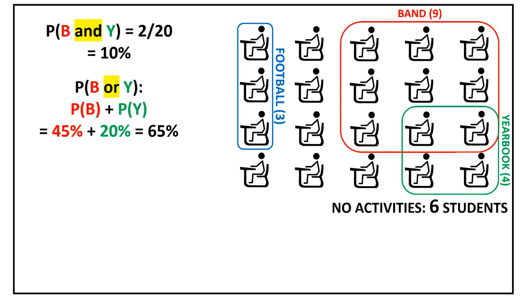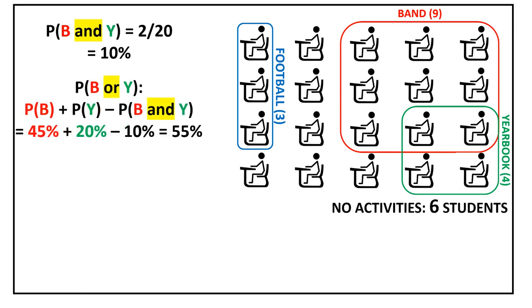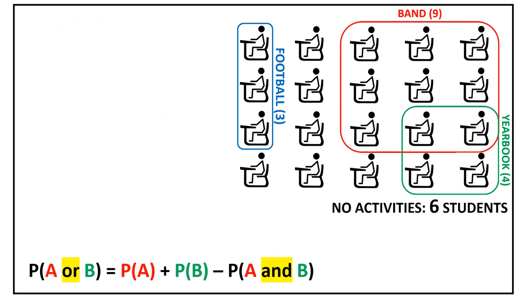But due to the overlap, this double counts the 2 students that are in both activities. To make the correct calculation, we have to subtract the overlap from the total. The result is this formula, which says that the probability of A or B is equal to the sum of the individual probabilities A and B minus the overlap P of A and B. We can look at our 2 scenarios now with this formula and see how it works in both cases.